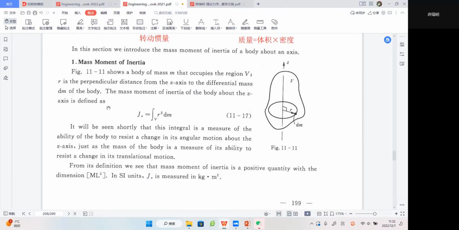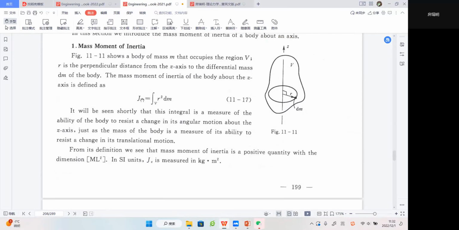is defined as Iz. We always use I. Iz means it's around the z-axis, equal to the integral of r squared dm. I don't know if you guys can understand this.